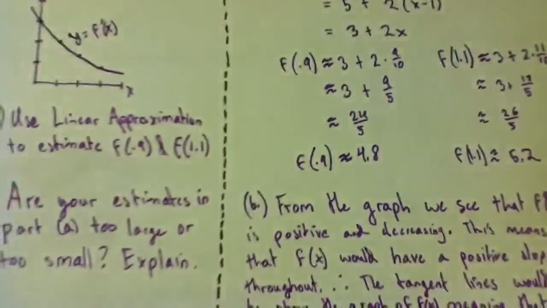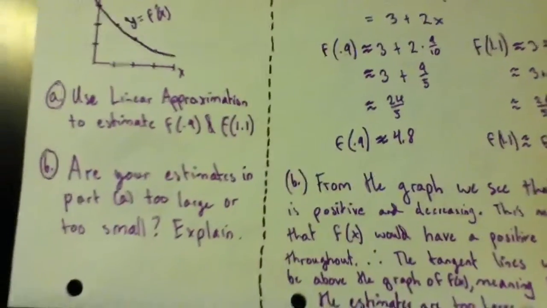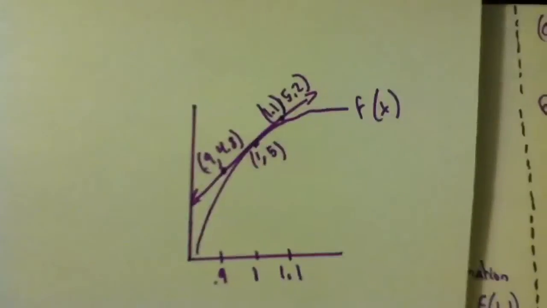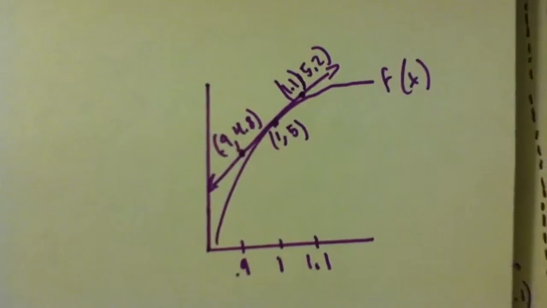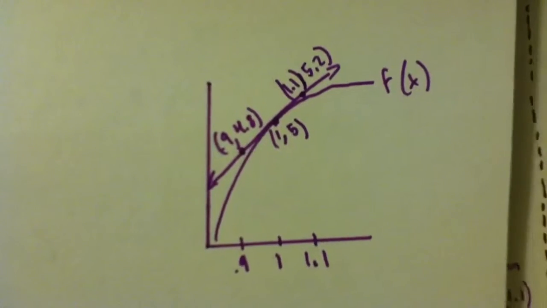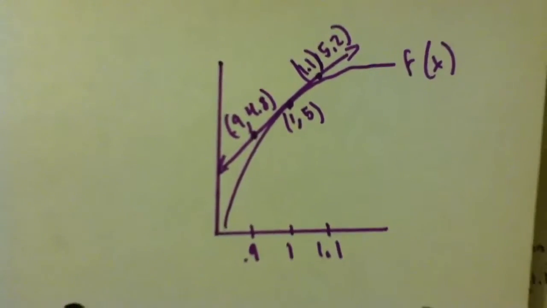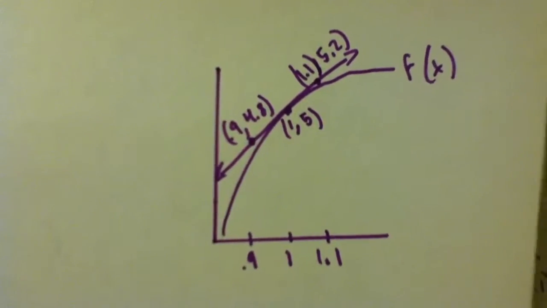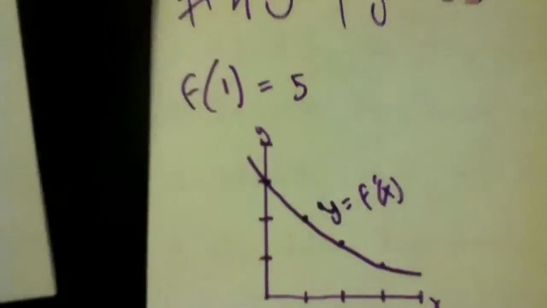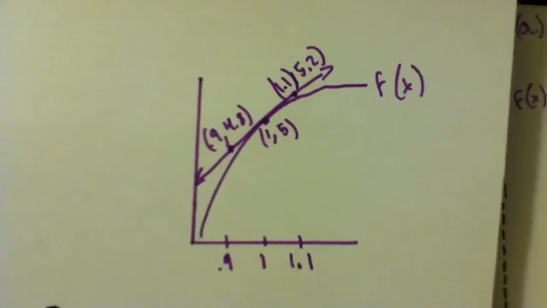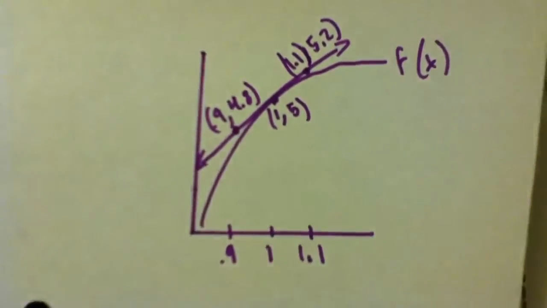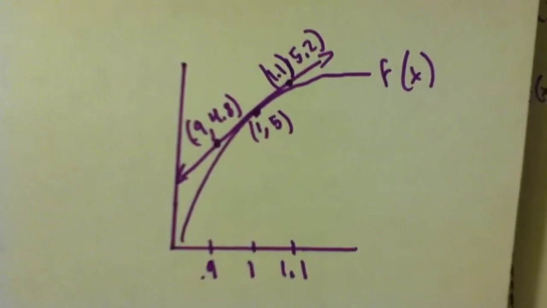Now for a visual, I drew a graph that I thought would possibly look like the original function. As you can see from this graph, its slope is always positive, as the derivative had said earlier. And I just drew the points 0.9, 1, and 1.1.